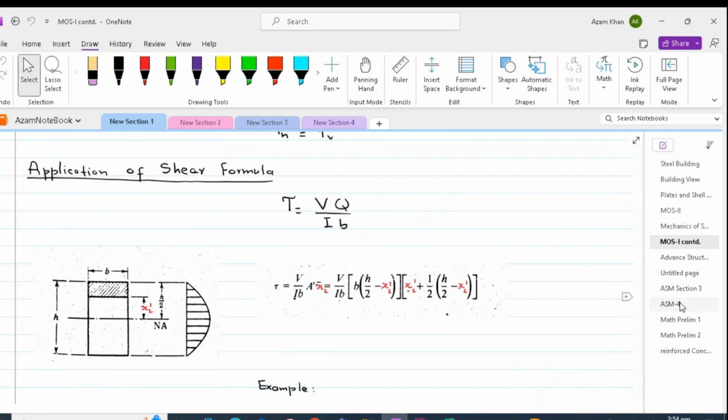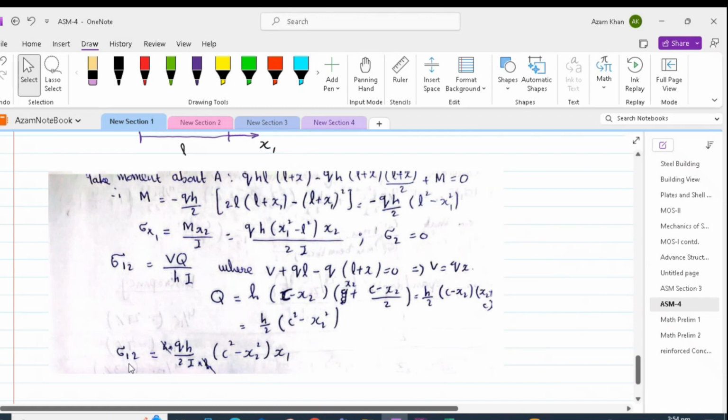So coming back to our problem, our sigma 12 will be equal to qh by 2I (c square minus x2 square) times x1.